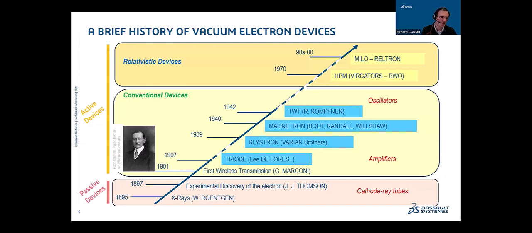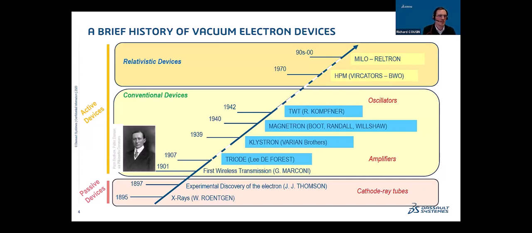And you can see that mainly during World War II, we saw the development of tubes such as klystrons, magnetrons, and traveling wave tubes, which were developed especially for radar systems and for the need in communication that we also had at that time. This constituted the active devices.